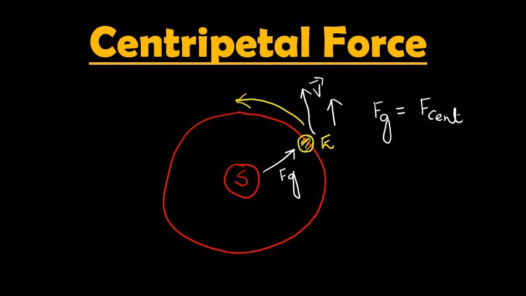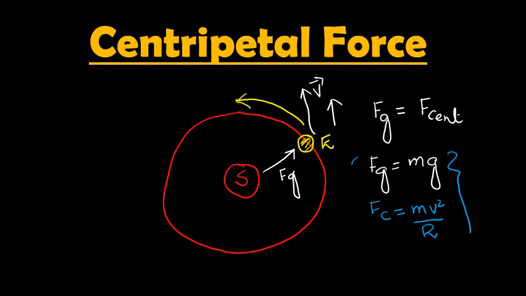As you know, the gravitational force Fg is mass times gravity, whereas the centripetal force Fc is equal to mv square divided by r. So if we combine both the gravitational force and the centripetal force, then we will get mass times gravity is equal to mv square divided by r.